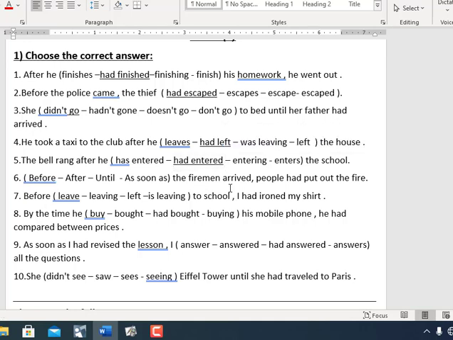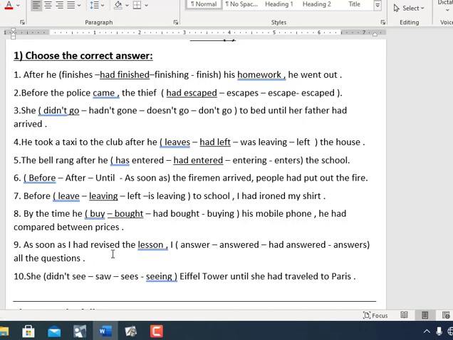The fireman arrived: here we have arrived, the second action, so we have to put before. Before going to school: before here we don't have a subject, so we add verb plus ing, before leaving to school. By the time: we put the second action, so he bought.